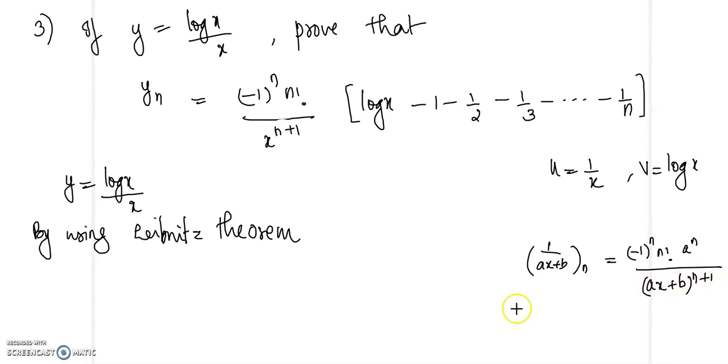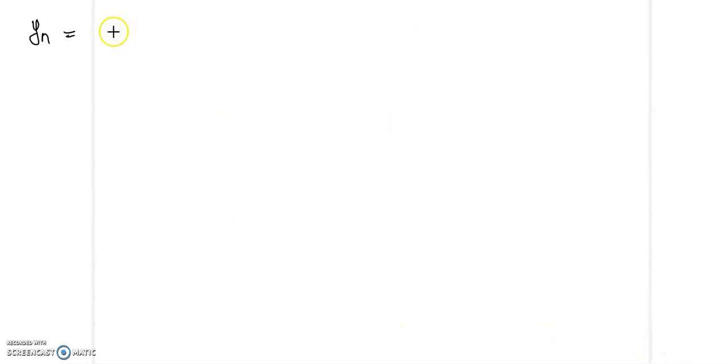So here the nth derivative of 1 by x will be minus 1 whole raised to n factorial by x raised to n plus 1. So that will be minus 1 power n factorial by x raised to n plus 1.